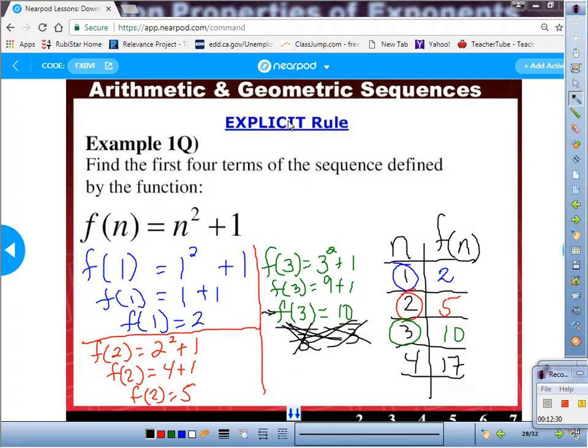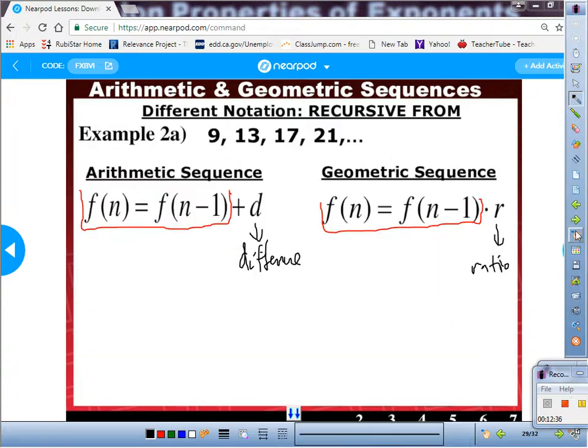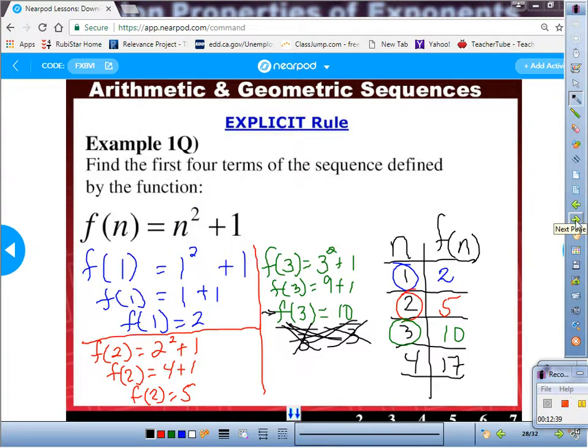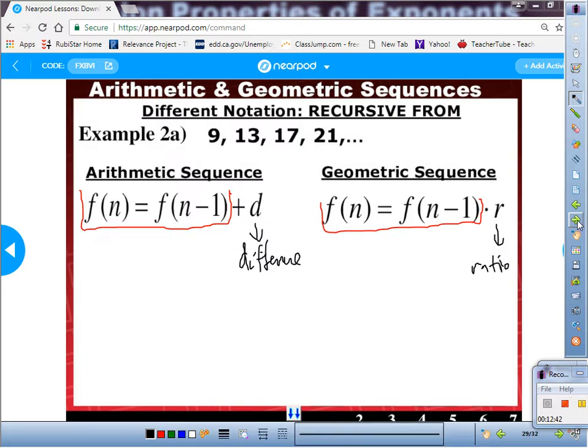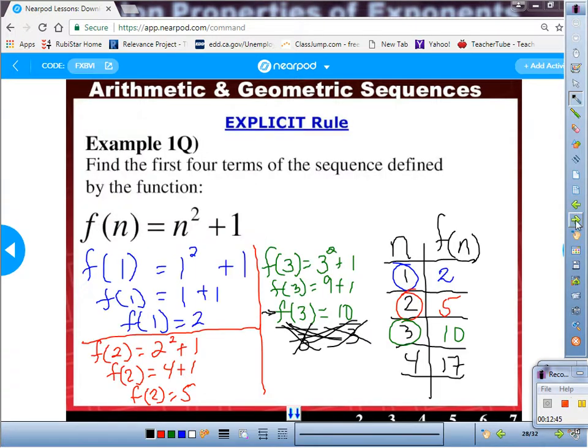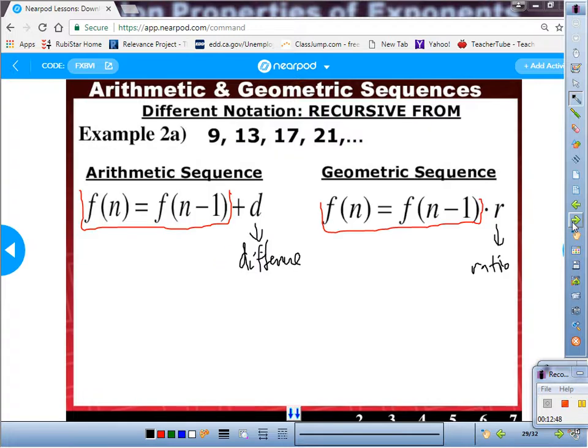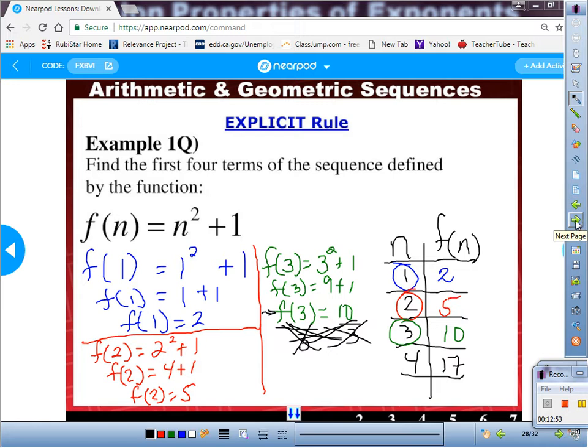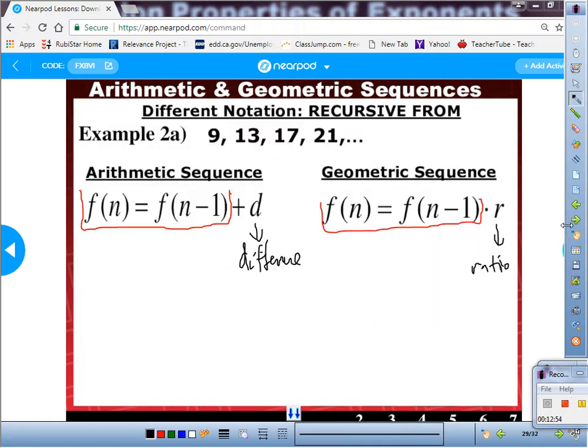This was the explicit, right? Look at it. These are recursive. Explicit, recursive, explicit, recursive. Talk it over with your neighbor, let them know what's so different between explicit and recursive.